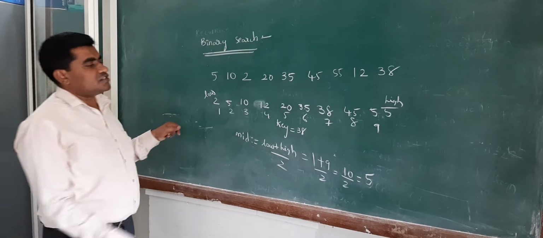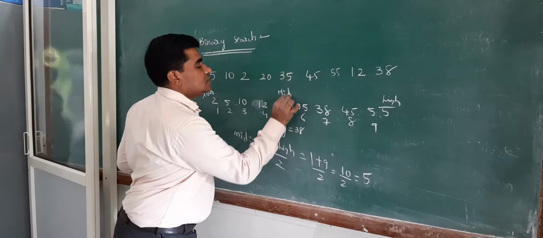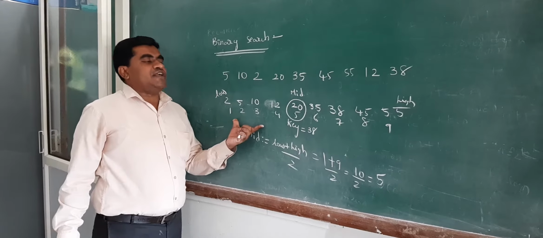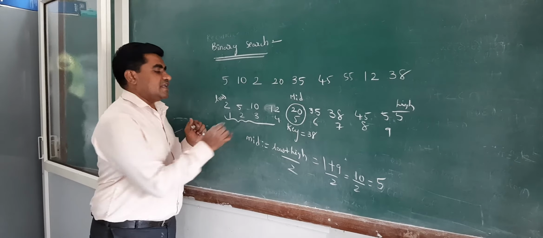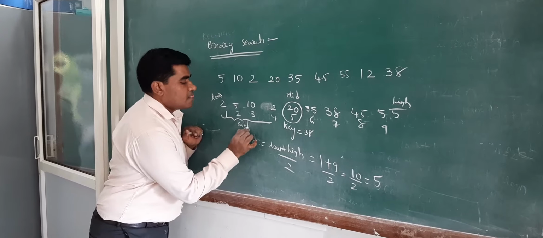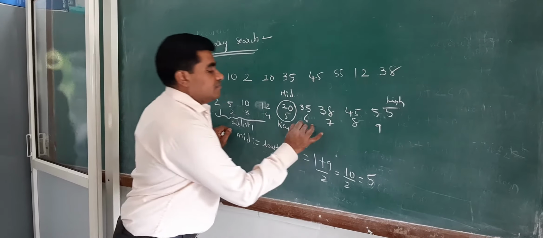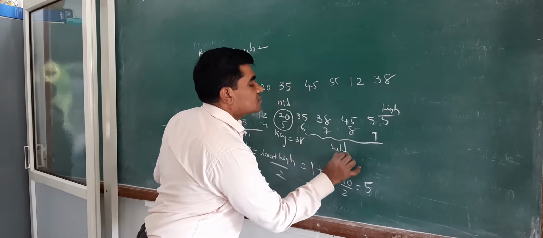So the mid value is 20. Whatever elements are less than the mid value, we make it sublist 1, and whatever elements are greater than the mid value, we make it sublist 2.